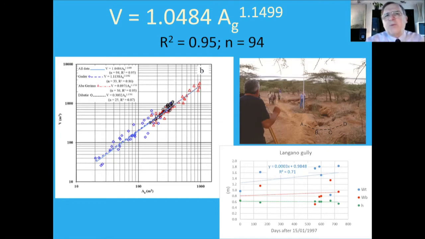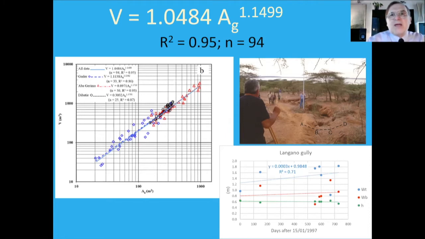And that is very important because from measurement of gully area, from aerial photographs for instance, or satellite images, you can also calculate the volume. So you can calculate how much material has been lost in a gully through time, with monitoring at different intervals of time.